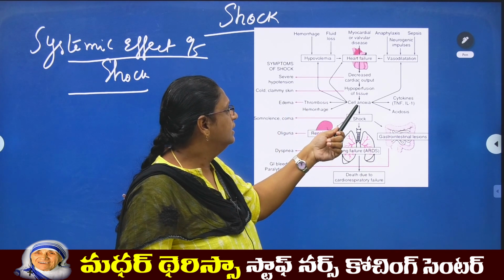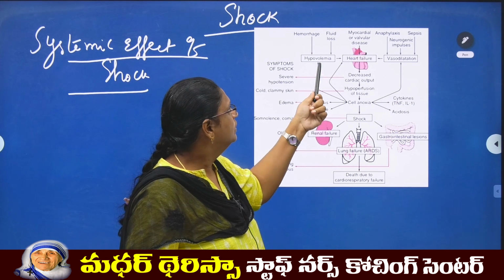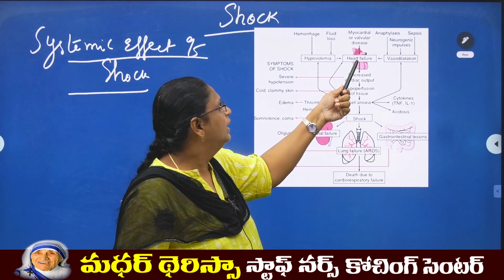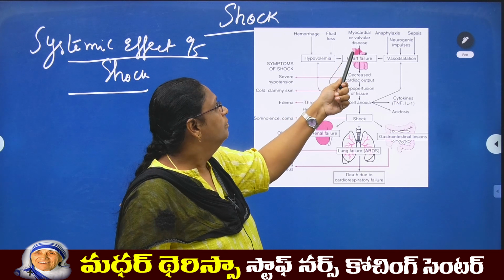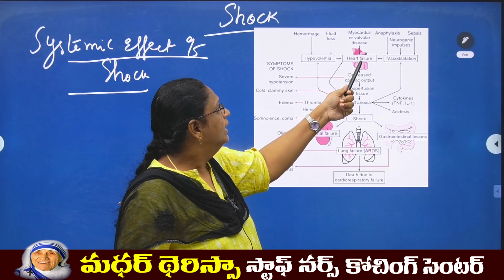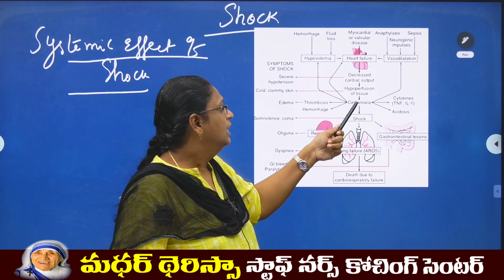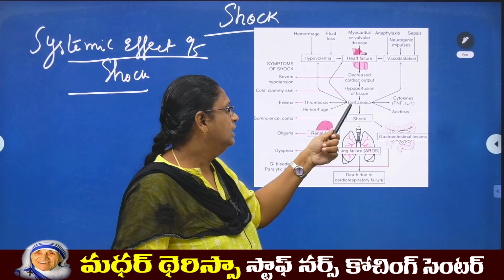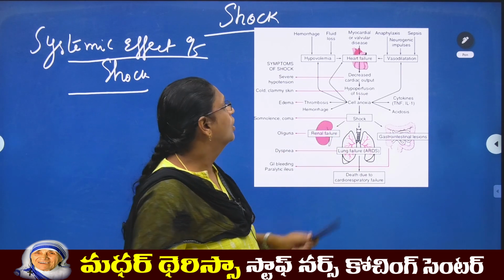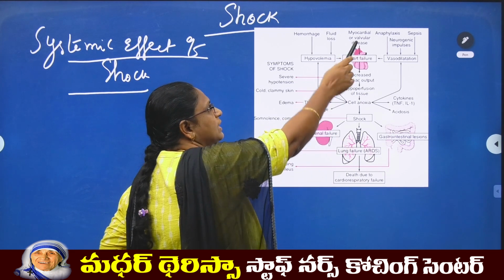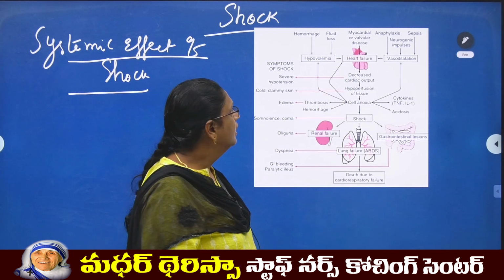As the cells become anoxic because of decreased fluid volume, there will be heart failure, decreased cardiac output, decreased perfusion, and the cells become anoxic and go into shock. Also certain diseases like myocardial and valvular diseases, right?